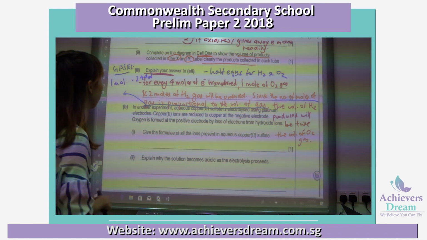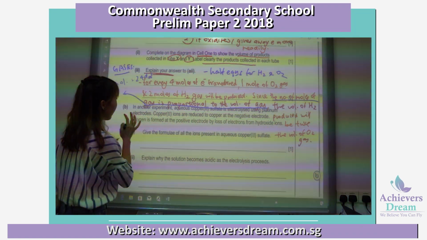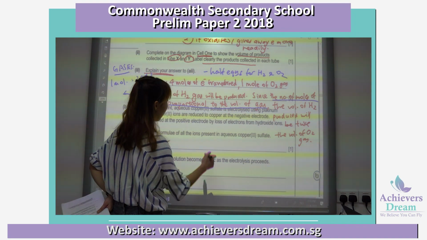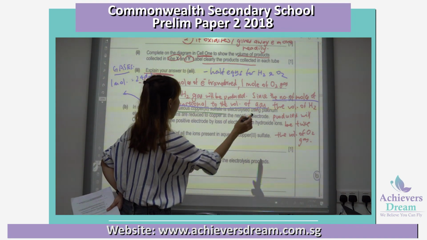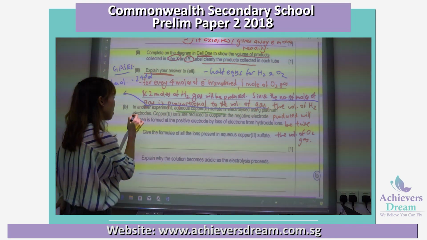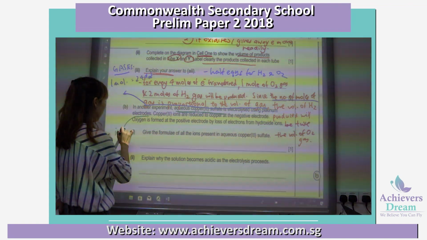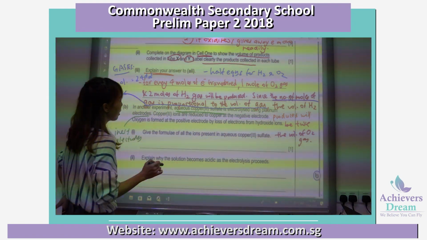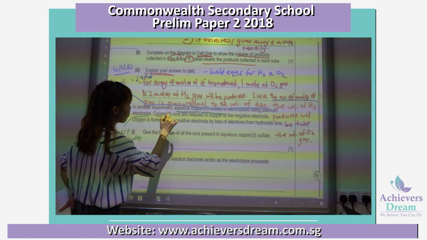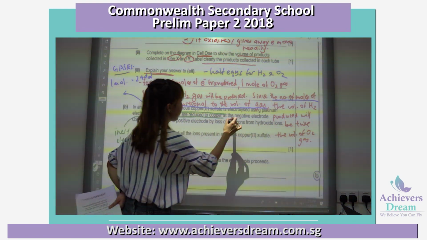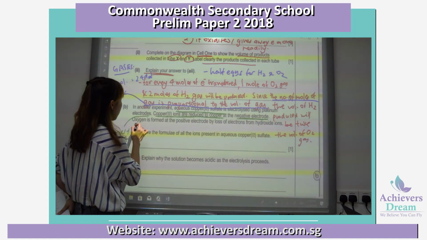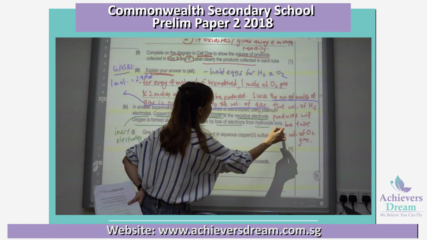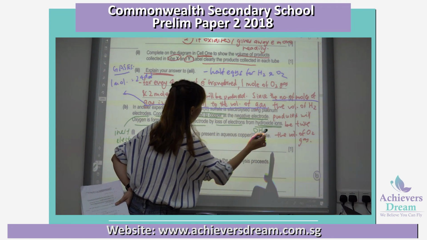Now for part B. In another separate experiment, your aqueous copper 2 sulfate is electrolyzed using platinum electrodes, which is inert electrodes. Now they say copper 2 ions are reduced to copper at the negative electrode, whereas oxygen is formed at a positive electrode via loss of electrons from hydroxide ions, OH minus.